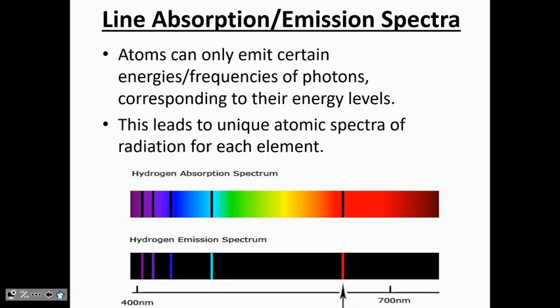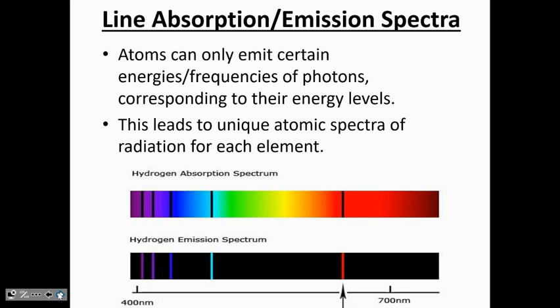And if you remember from chemistry, the entire periodic table is organized by how these electron shells' energies are organized. And that's what gives rise to the unique properties of each element.